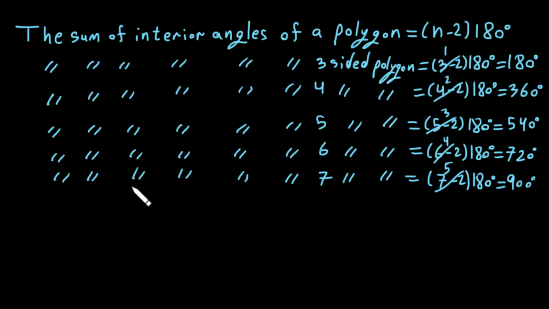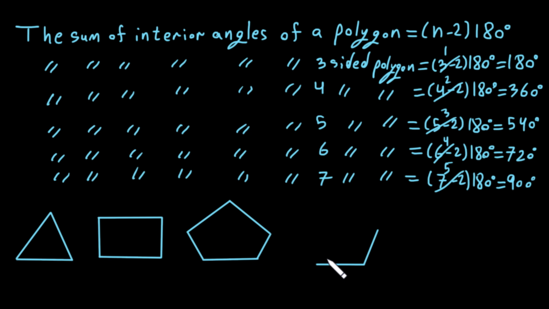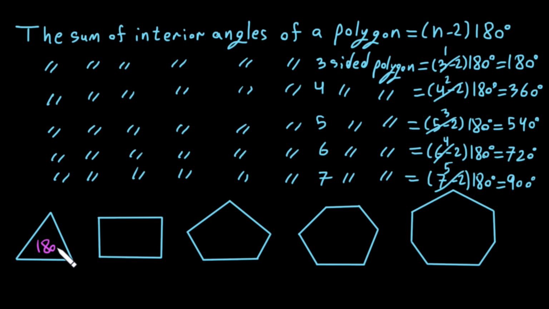Now let's draw from the three-sided polygon, which is a triangle, to the seven-sided polygon, which is a heptagon. So I will draw them, and I will speed it up to draw them quickly. Since it has three sides, the sum of interior angles is 180 degrees.